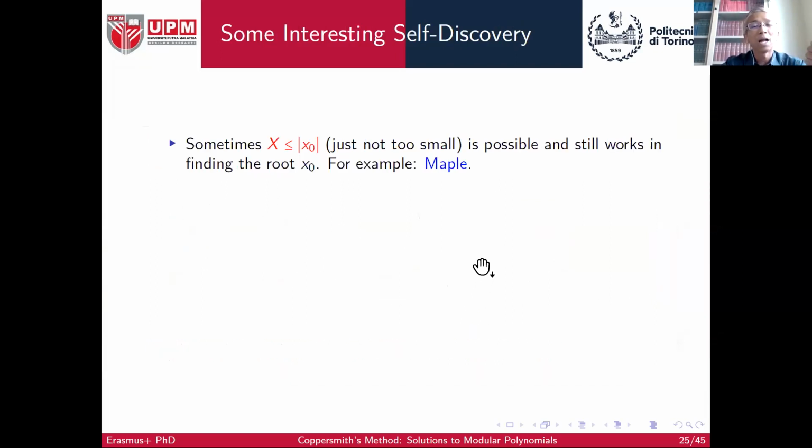The first thing I would like to draw attention to is that sometimes, if the value of X that I chose is less than the value of the root, the method still works and you are still able to obtain the root of the modular polynomial. Just make sure it's not too small. This is what was captured in Remark 1 just now, which says that sometimes if the root does not satisfy a certain condition, we still can find the root of the polynomial.